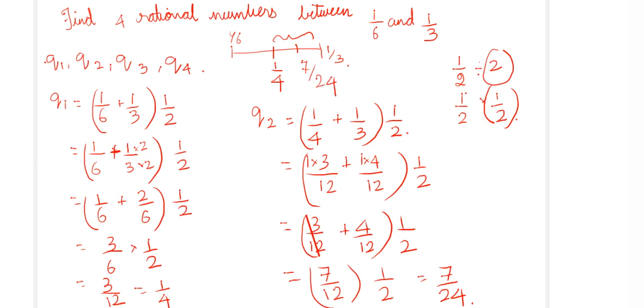The next number: I'm going to find the number between 1 by 6 and 1 by 4. To do that, my Q3 is equal to 1 by 6 plus 1 by 4, into 1 by 2. The LCM of 6 and 4 is 12.